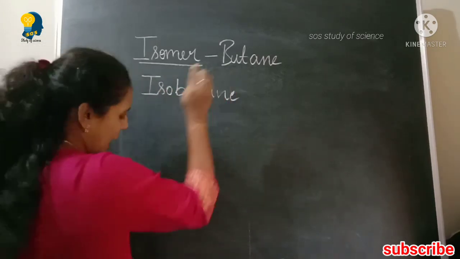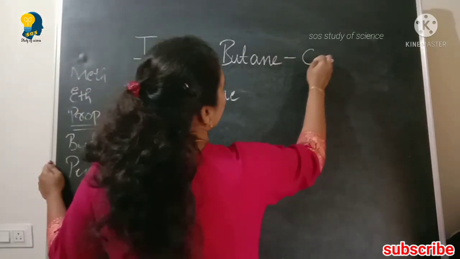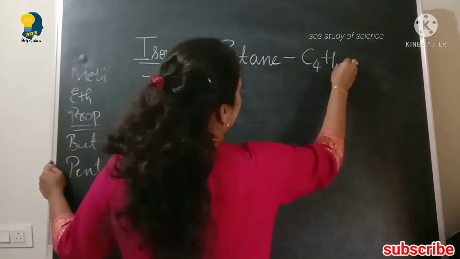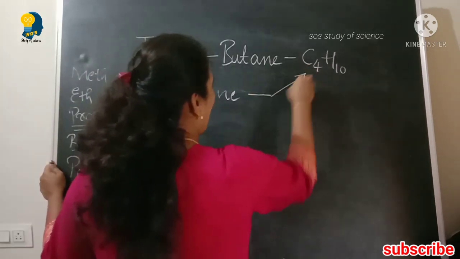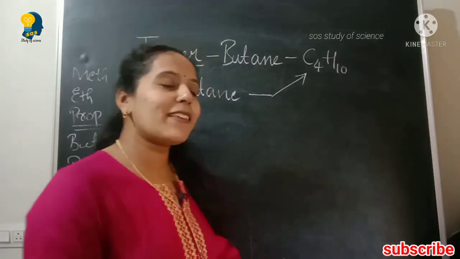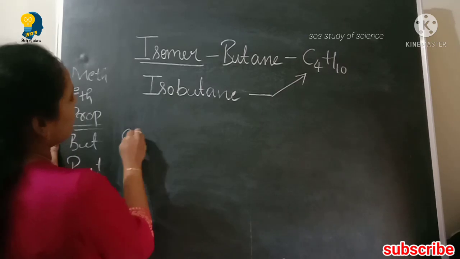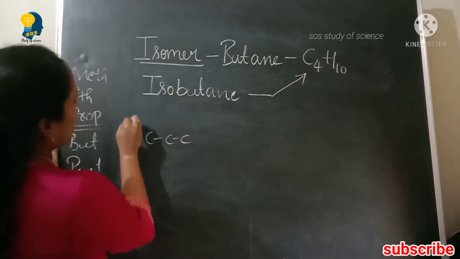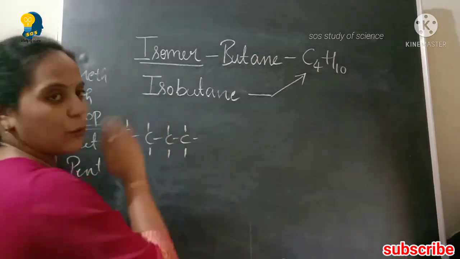See how it has the same molecular formula. What is the formula of butane? It is C4H10, and even for isobutane it is the same formula. What is the difference then? Butane is written in a straight chain, with 4 carbon atoms surrounded by 10 hydrogen atoms.